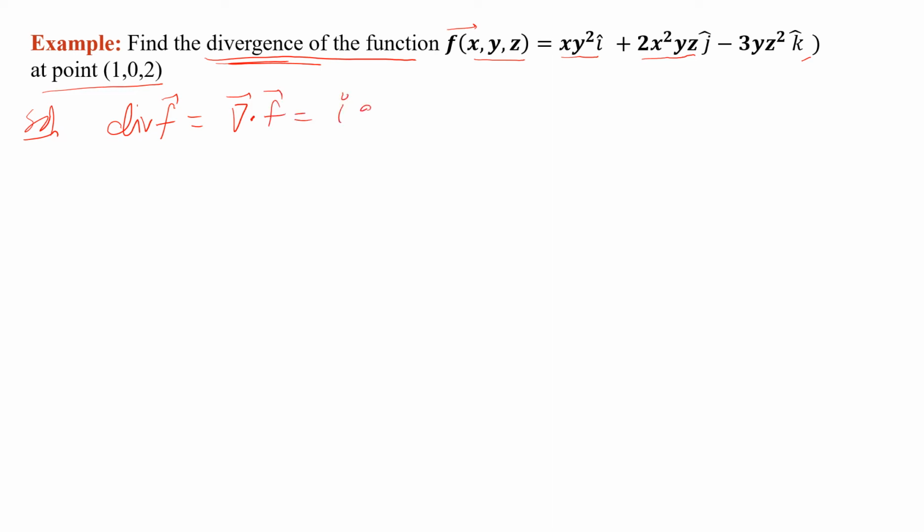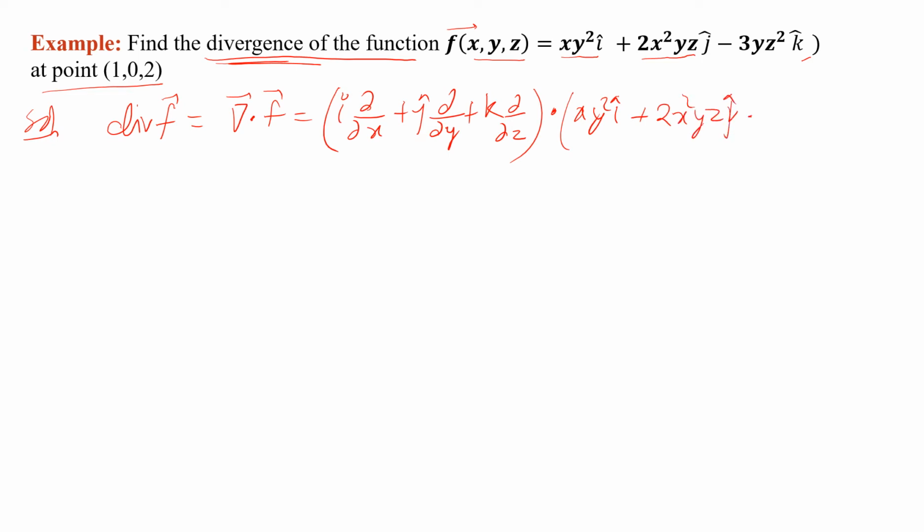So i del upon del x, j del upon del y, and k del upon del z dot the vector function f, that is x y square i, 2 x square y z j, and minus 3 y z square k.